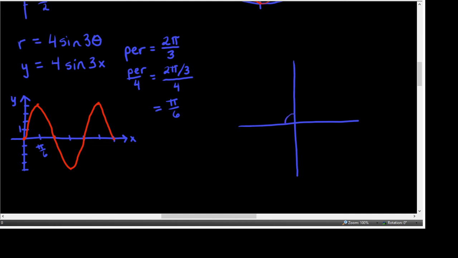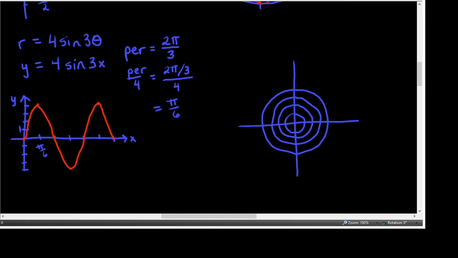So I'm going to make sure I get 4 concentric circles spaced out, each space representing 1. So I'm making sure I get out at least to 4. You can draw extras if you want, but this is painfully slow, I'm sure, for you to watch, so I'll do just the minimum required.